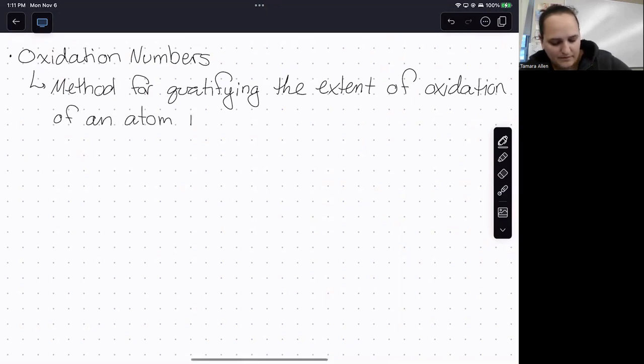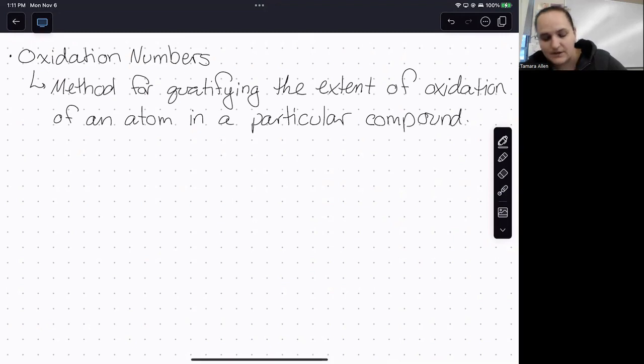We'll say of an atom in a particular compound, because the same element can have different oxidation numbers in different compounds, as we're going to see.